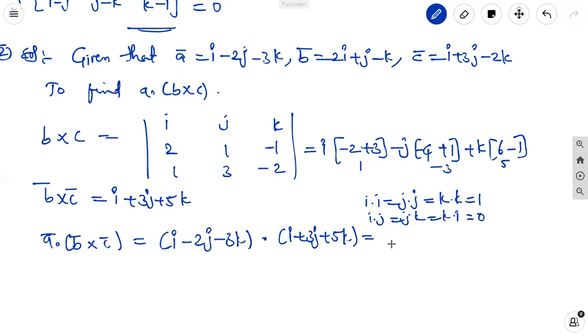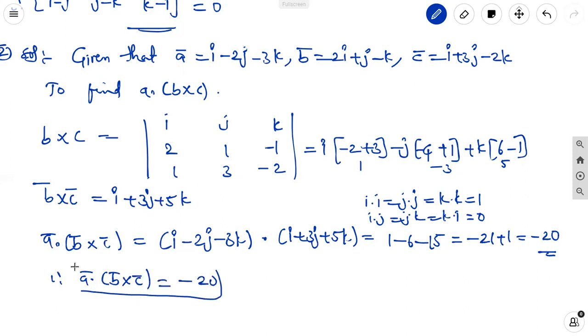So it is 1, minus 2 into 3 is minus 6, minus 3 into 5 is minus 15. It is minus 21 plus 1, equal to minus 20. Therefore, A vector dot (B vector cross C vector) is equal to minus 20.